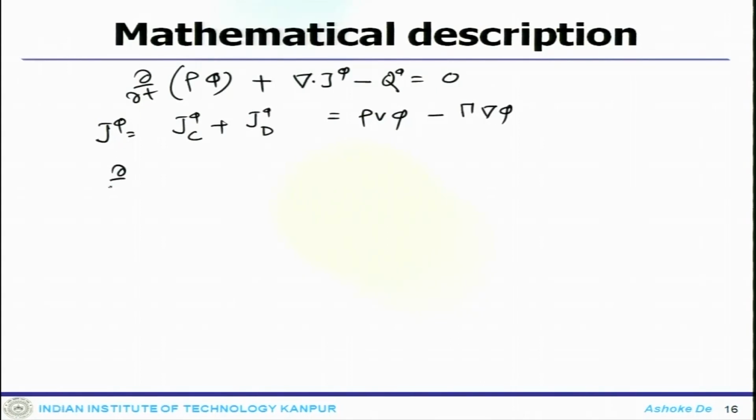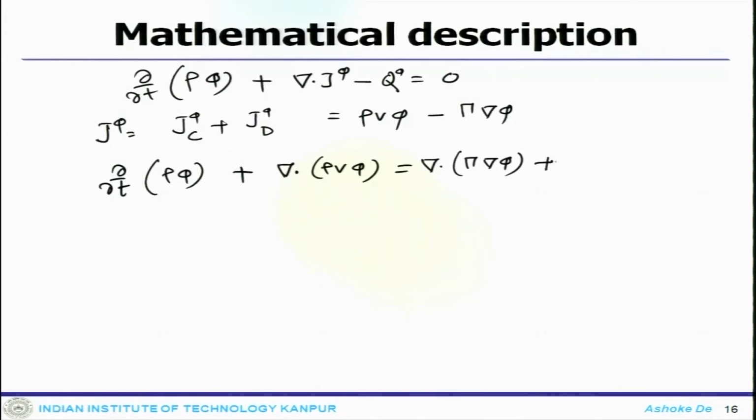So the equation becomes del del t of rho phi plus del dot rho v phi equals del dot gamma del phi plus q phi.